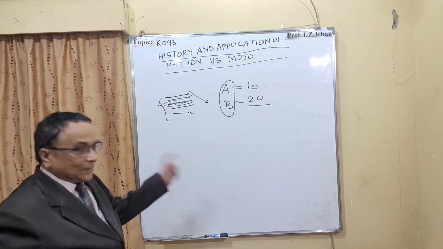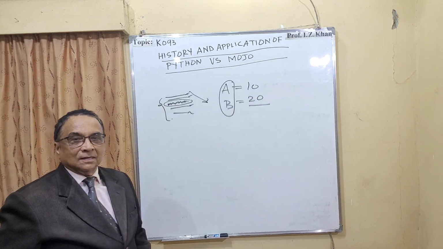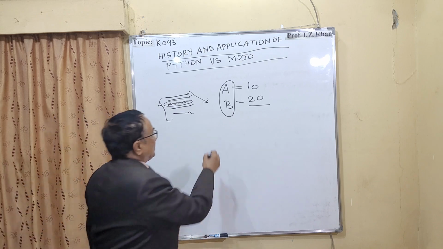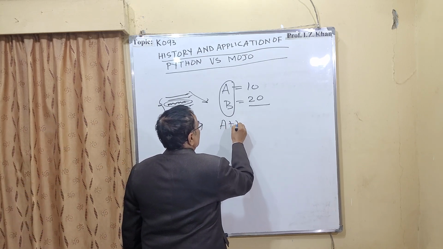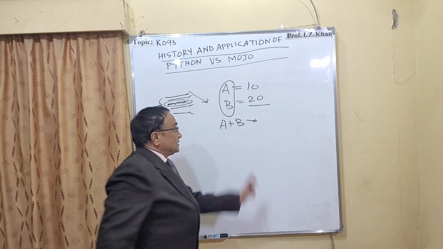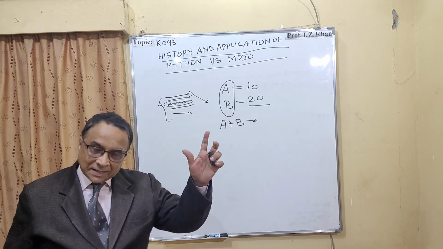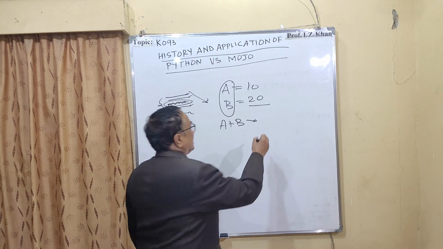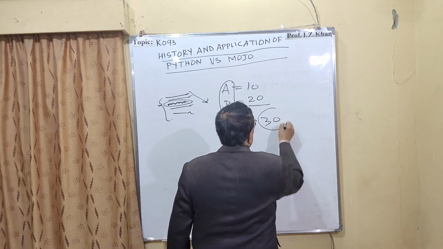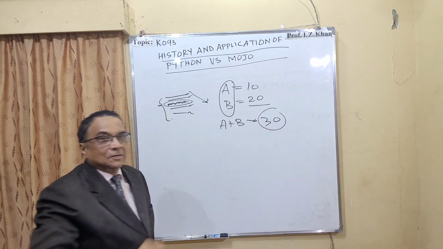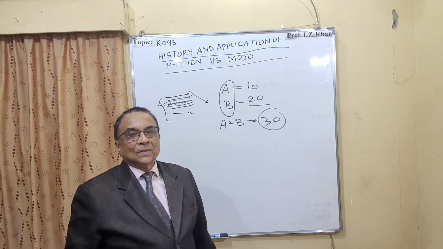If you give the command to Python to combine A plus B, whatever the outcome is, it will immediately come and it will be given as 30. So that is also one of the very important applications.